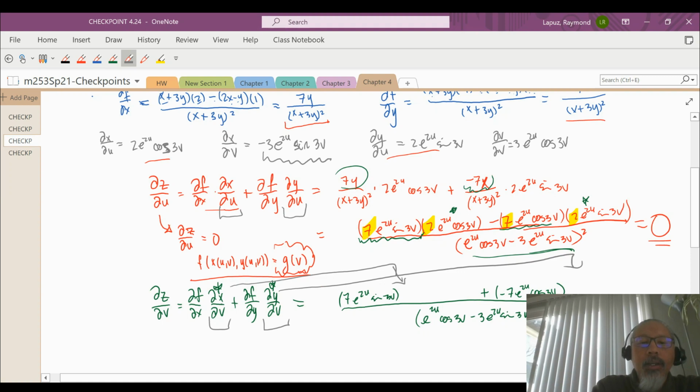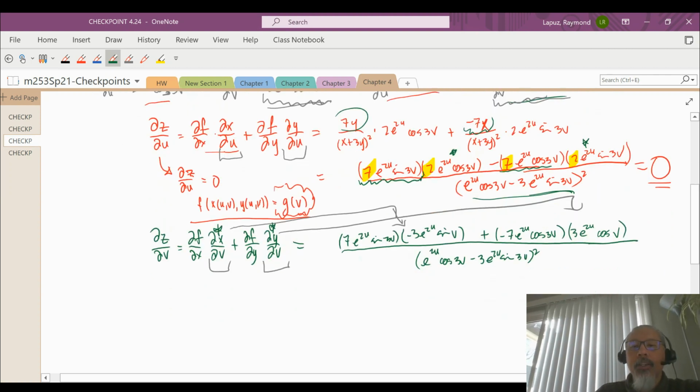So the partial of x with respect to v, and the partial of y with respect to v. All right, so let's drop those in. This is going to be a negative 3e to the 2u sine 3v, and then this is going to be positive 3e to the 2u cosine 3v.